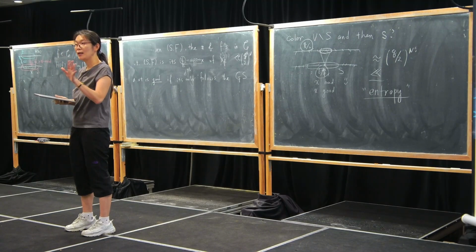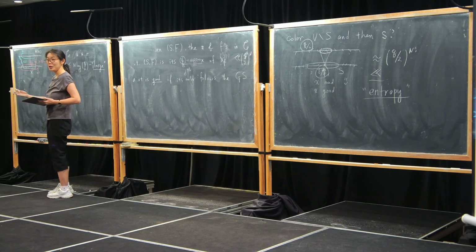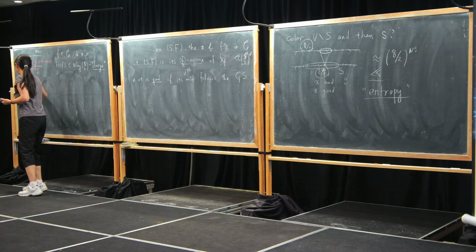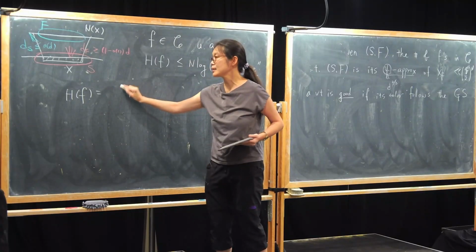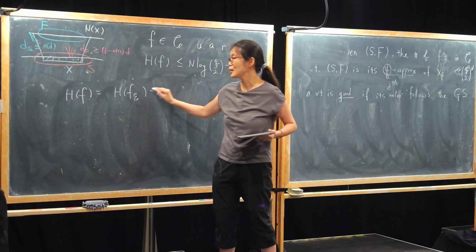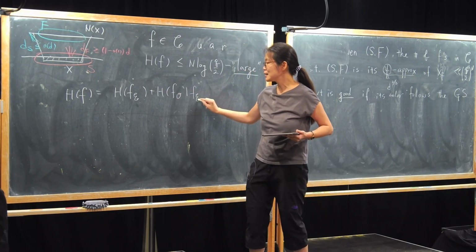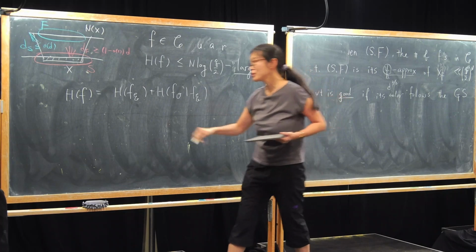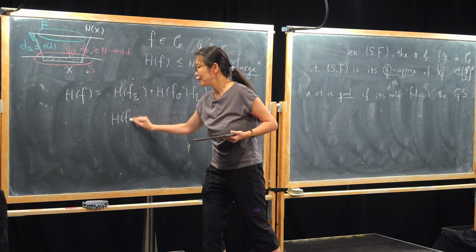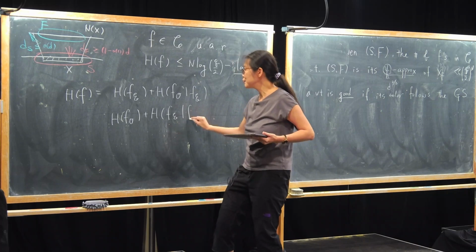Are we okay? To start from here, we have to make a decision, because we can use either the entropy of Fe plus the entropy of Fo given Fe. This is one possible choice. But also we can do the entropy of Fo plus the entropy of Fe given Fo.